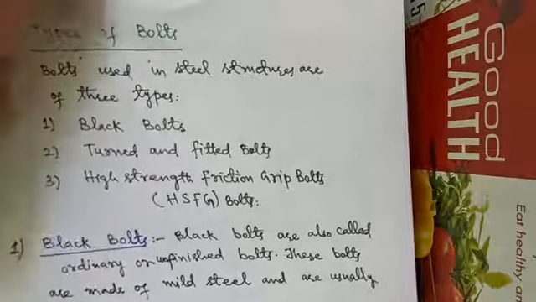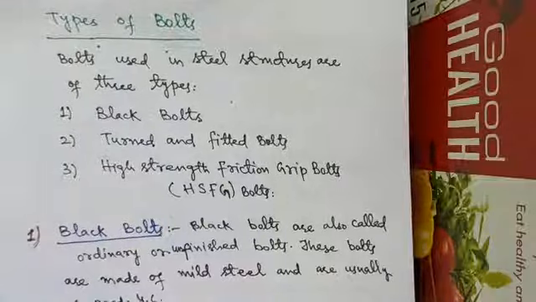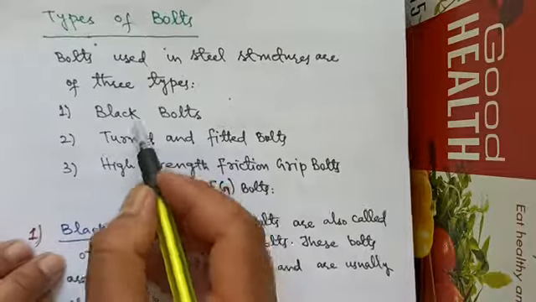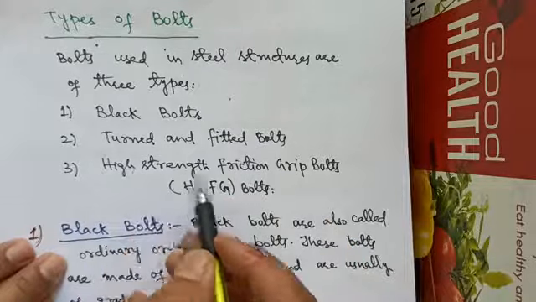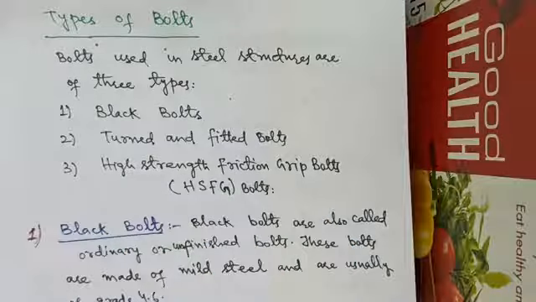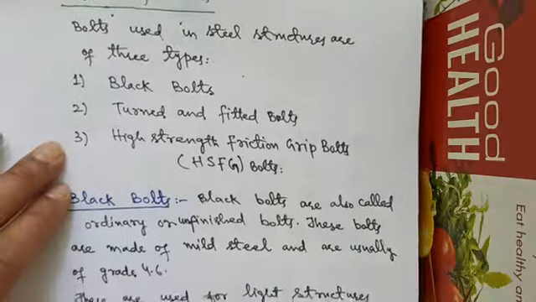Now we have different types of bolts available for connecting structural steel members. We have black bolts, turned and fitted bolts. We have high strength friction grip bolts. Black bolts are also called ordinary or unfinished bolts.